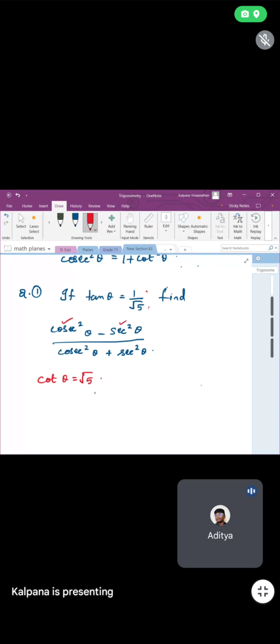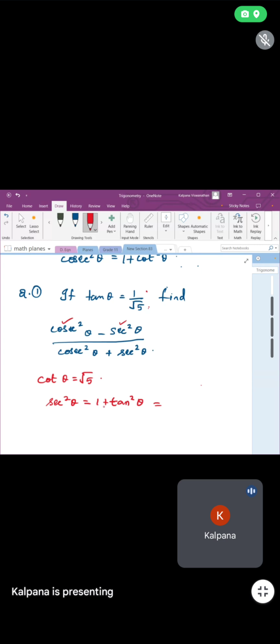We can use the relation 1 plus tan square theta is equal to secant square theta. Very good. Now I'm just using the given value. If you want, you can also find it in terms of sine and cos, but we can directly use the square relation.